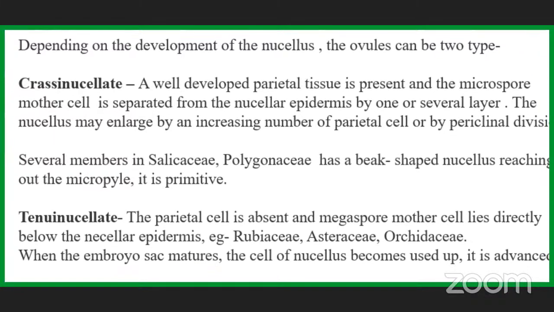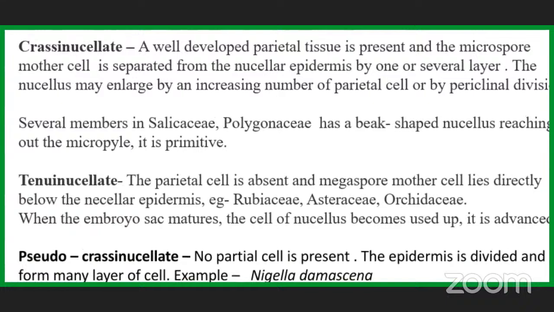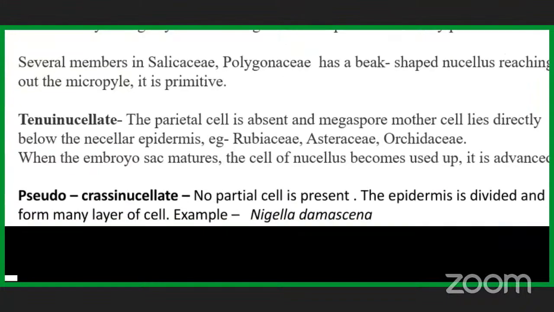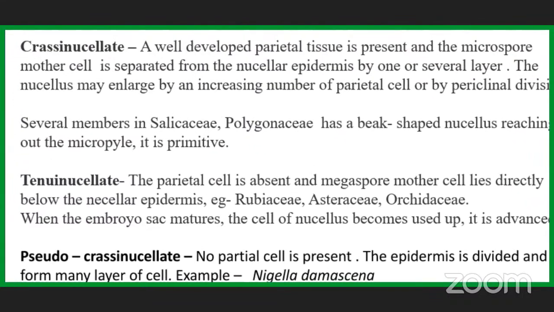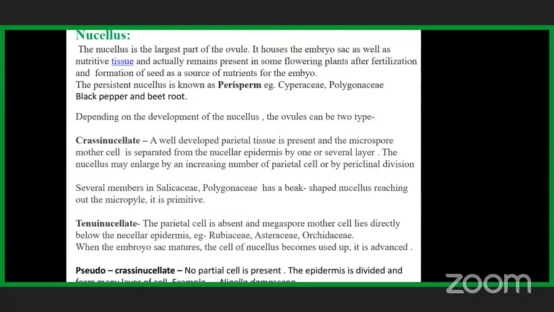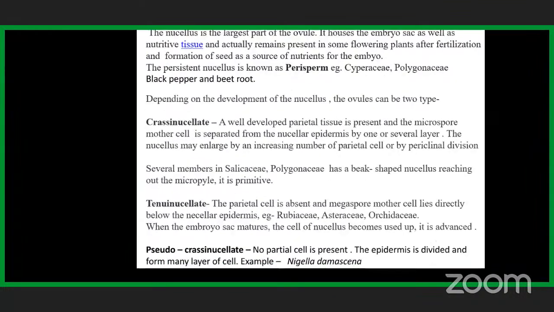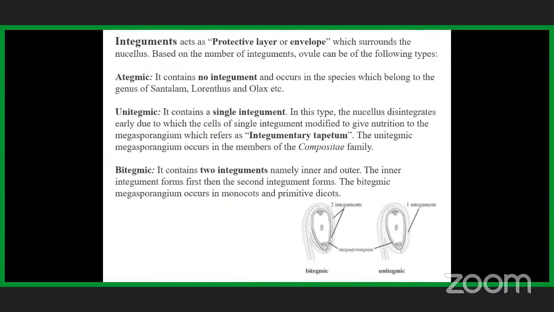That is, crassinucellate is the primitive, tenuinucellate is the advanced one. And another one is pseudocrassinucellate. No parietal cell is present; only the epidermis will be divided into multiple layers.